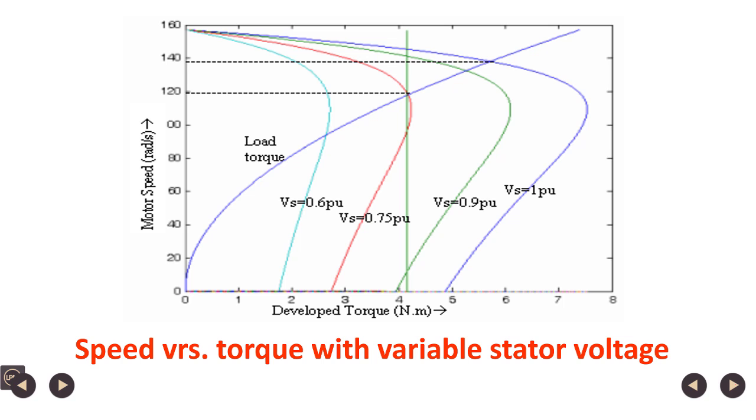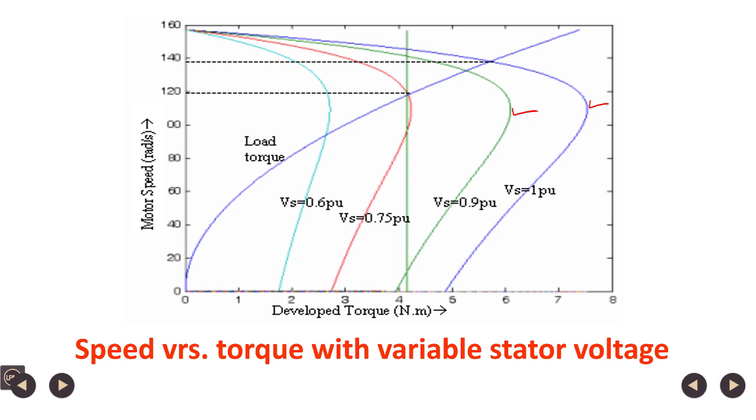These are the speed versus torque characteristics at different voltages. First, this is speed versus torque at rated voltage, that is V_s equal to 1 per unit. When the voltage is reduced to 90% of the rated voltage, the graph is this one.